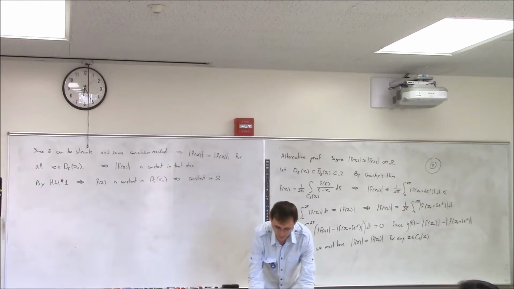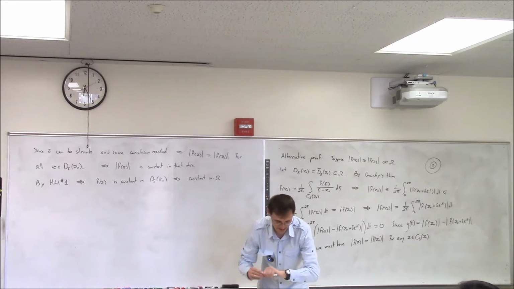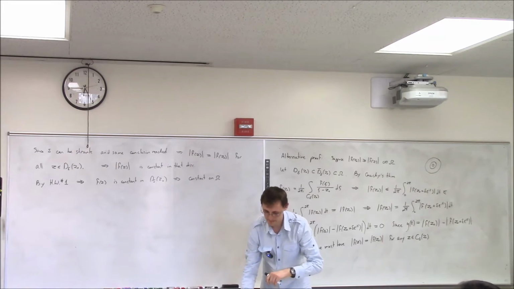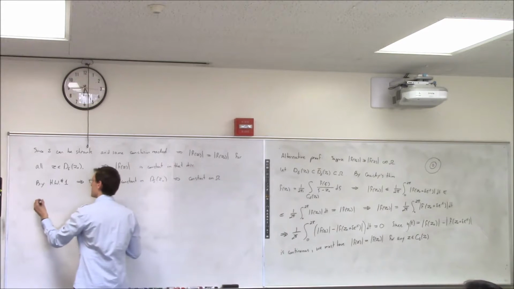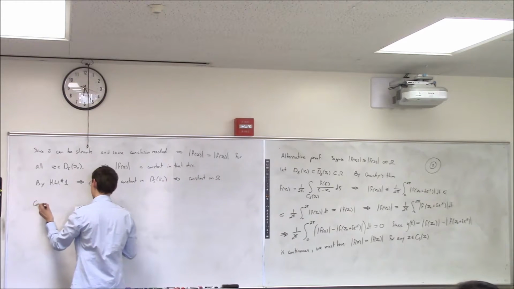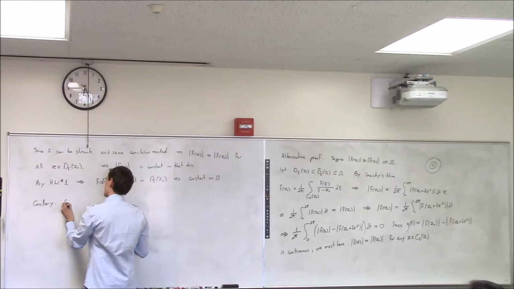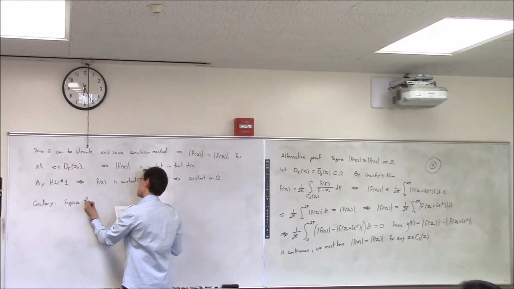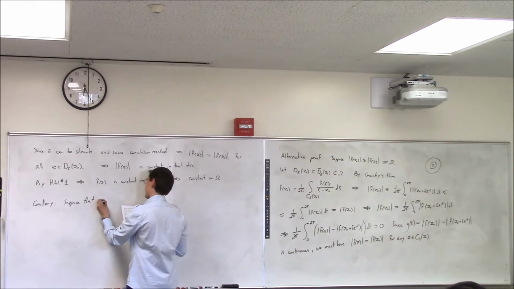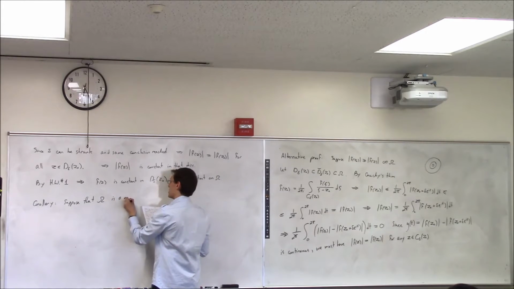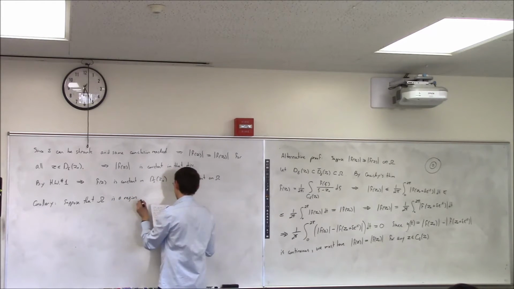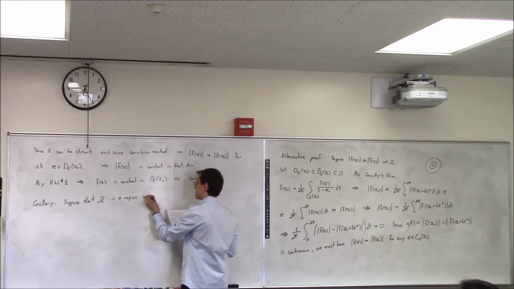So here is a corollary. Suppose that omega is a region with compact closure.